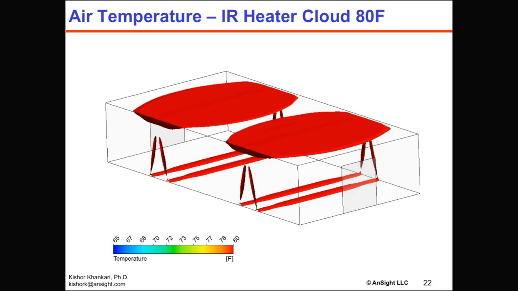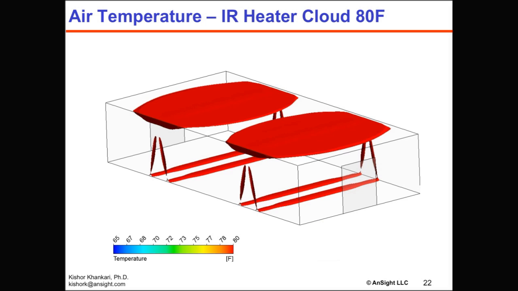The other way of looking at this simulation data is to see all the places where the temperature is 80 Fahrenheit. We can do that with CFD because you don't need thermocouples in a virtual space. I have all the data, and I touch all the data and find out where my 80 Fahrenheit locations are. And what you're seeing here are those two big clouds hanging over there near the ceiling.